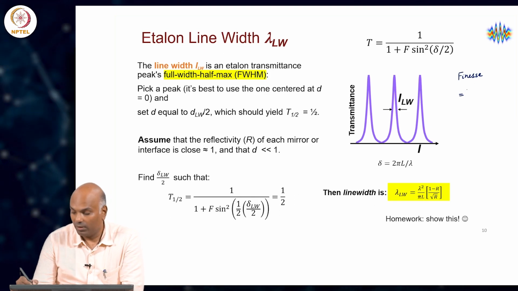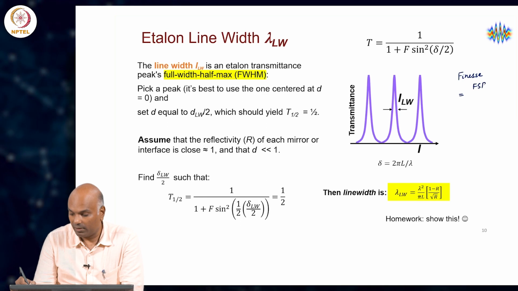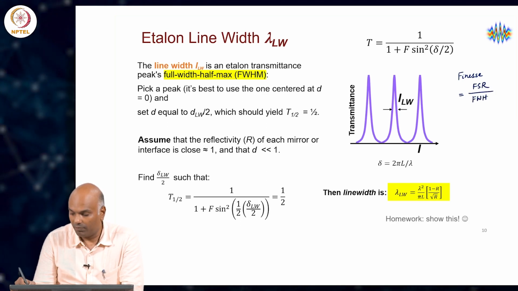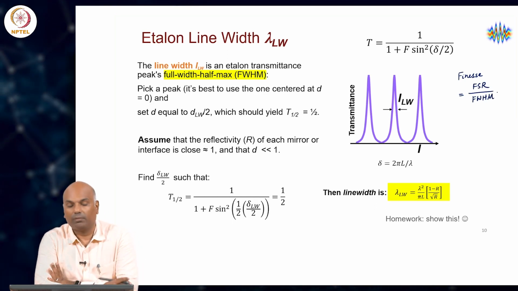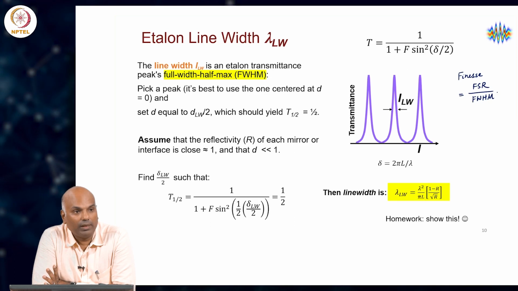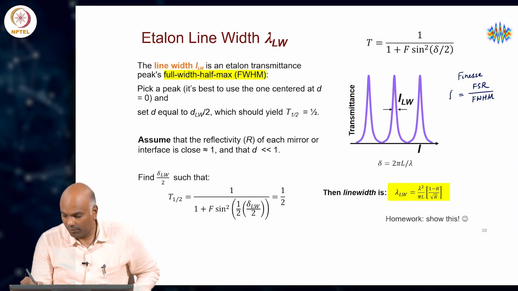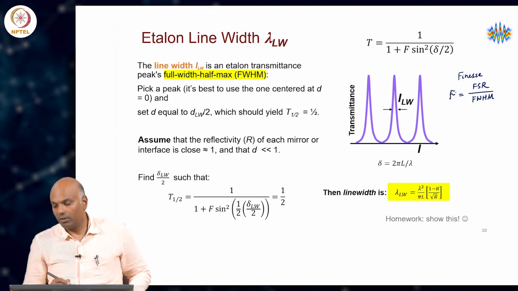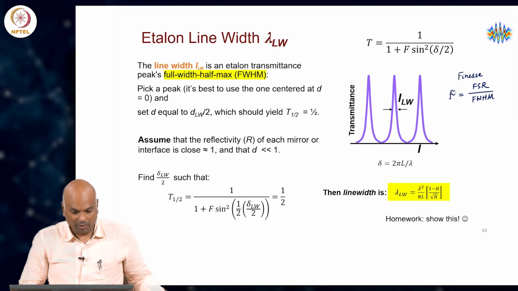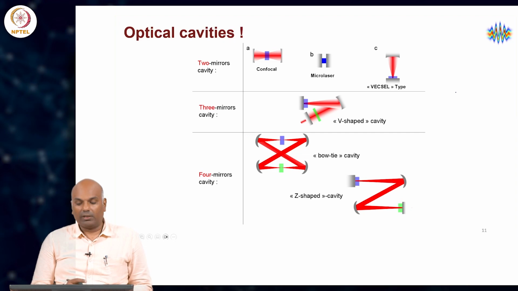So, in this language we wrote down the finesse to be the free spectral range FSR divided by FWHM of the given spectrum, right. So, that is the finesse of the cavity. We often write this as script f. As I said, there is sometimes possibly one too many repeated use of the same character, but context defines the meaning.